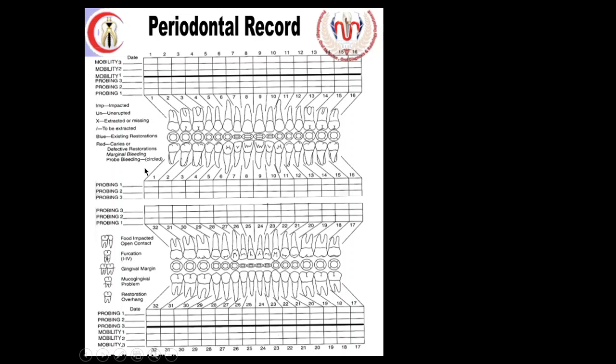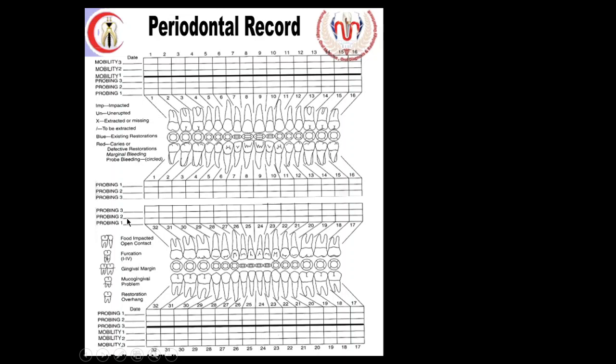The palatal probing pocket depths in the palatal side 1, 2, 3 as before. The lower arch, this is the periodontal pocket depths and visit 1, visit 2, visit 3, mobility 1, mobility 2, mobility 3, and at the lingual portion. Okay.